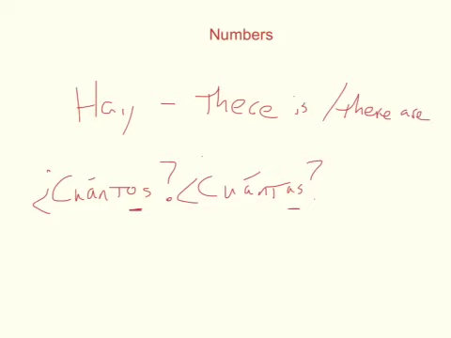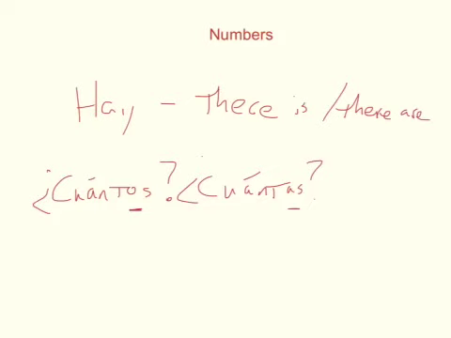So if we want to ask how many of something are there, you have to first ask what is it that we're asking about. Is it masculine or feminine? So if I want to say how many pens are on my table, pen might be pluma. There are a couple other words that you can use, but if we said pluma, is that masculine or feminine? It's feminine.